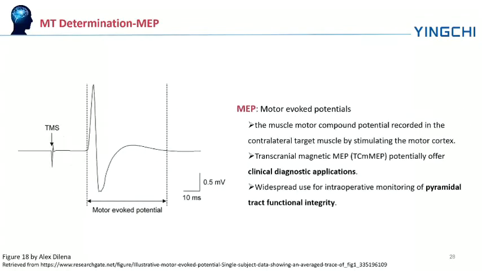So MEP stands for motor evoked potentials. Basically, it is the muscle compound action potential recorded in the contralateral target muscle by stimulating the motor cortex. It is widely used in clinical diagnostic applications, and it is a monitoring of pyramidal tract functional integrity.